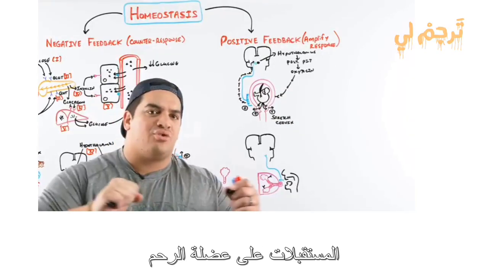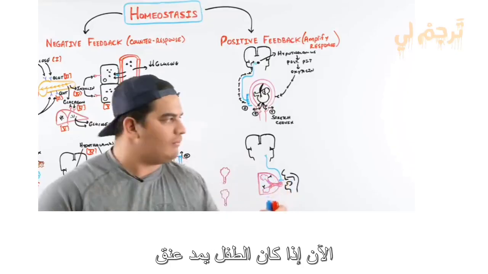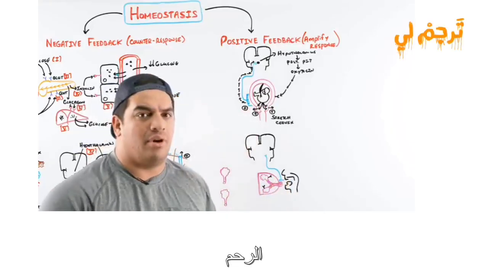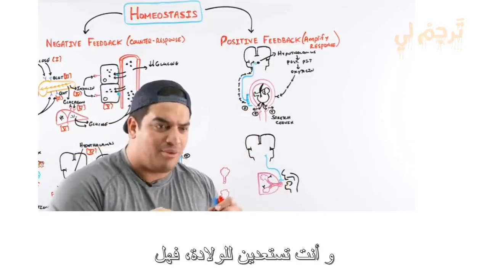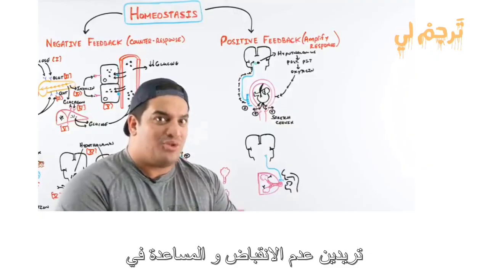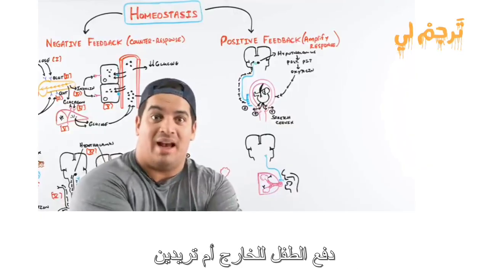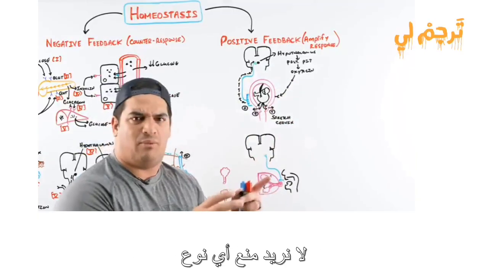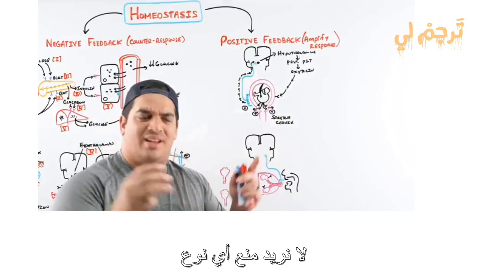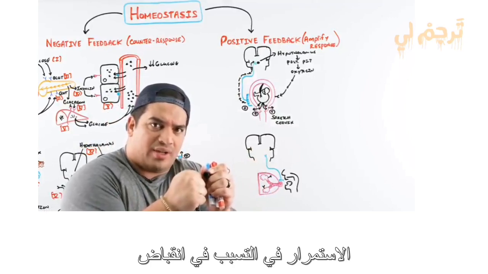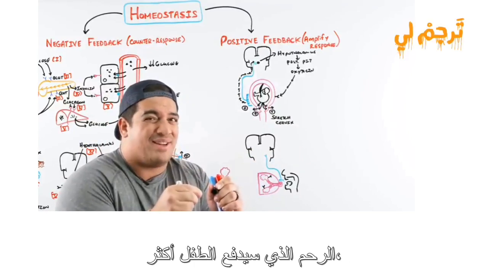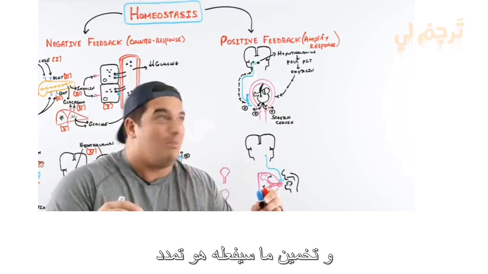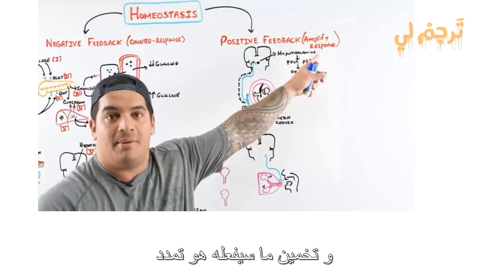Now, if a baby is stretching the cervix of the uterus and you're getting ready to have birth, would you want to not contract, or would you want to contract to help push the baby out? That's the goal, right? We don't want to prevent anything here. We want to continue to cause contraction of the uterus that'll push the baby further. And guess what it's going to do? Stretch the cervix even more. That's amplifying the response.